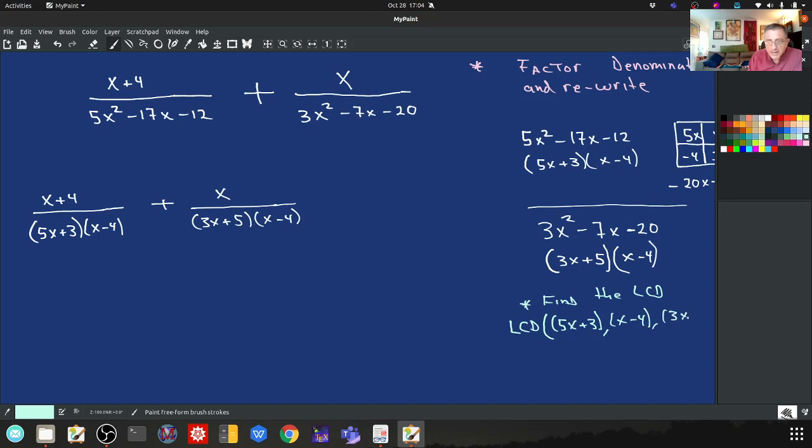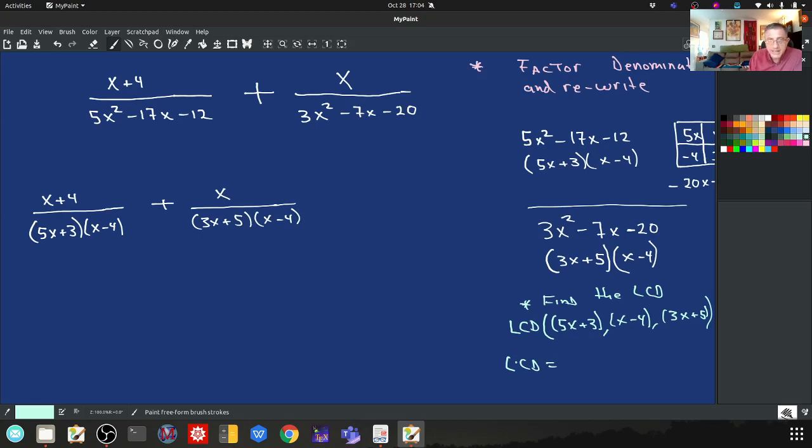I already have x minus 4 up there. So really, this is a piece of cake. 5x plus 3 is prime, can't factor out anything. x minus 4 is prime, can't factor out anything. 3x plus 5, prime, can't factor out anything. So the LCD is just their product. So the LCD of 3 prime distinct numbers is always their product.